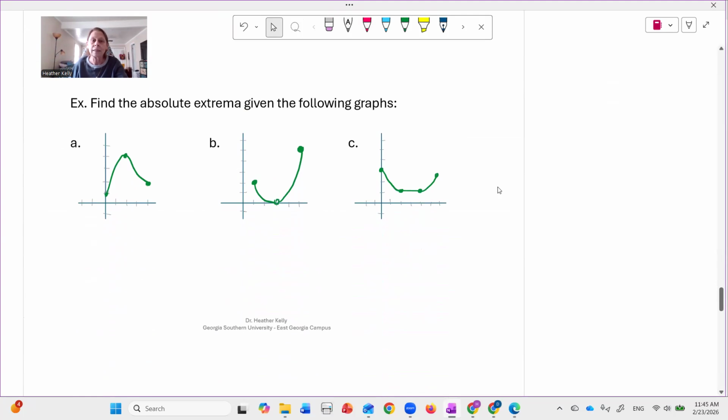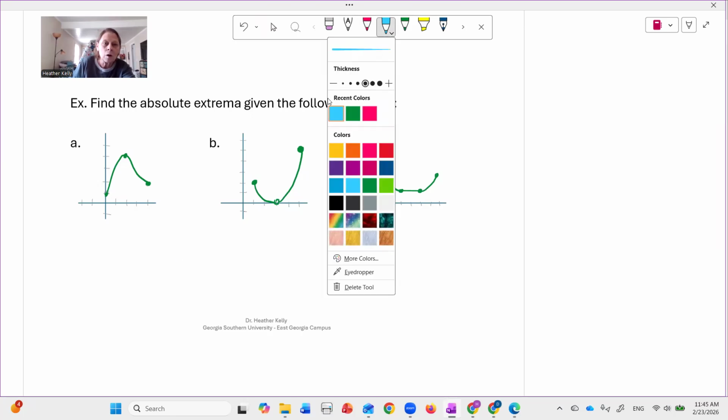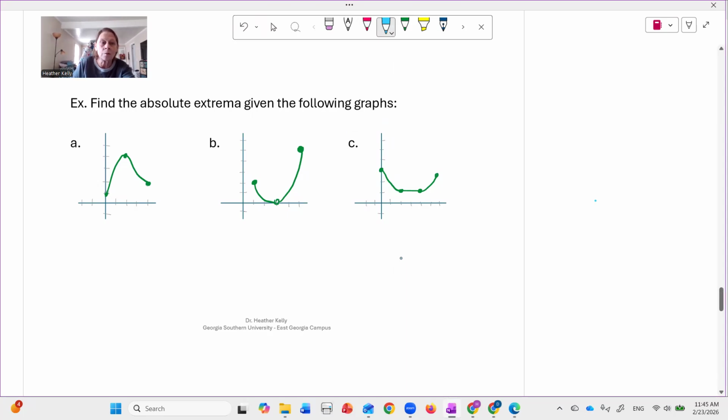So let's look at some graphs here, some of my lovely handiwork. And what we're going to ask is we want the extrema. So I want several things when I say extrema. I want max, min.